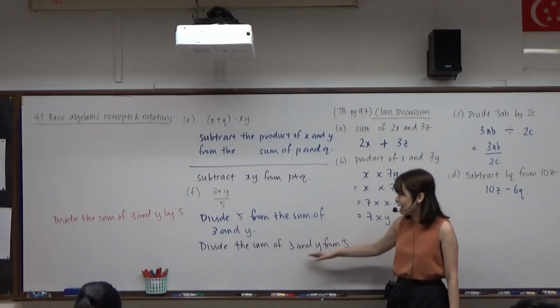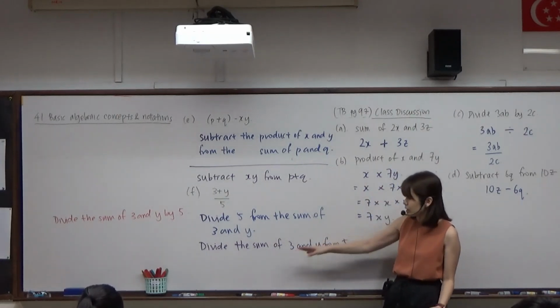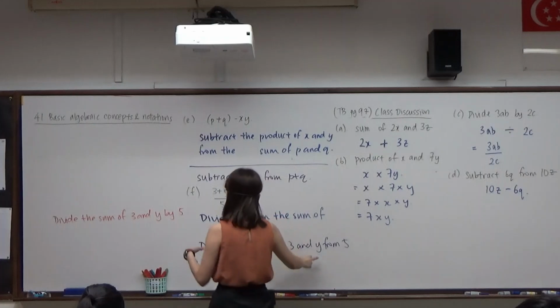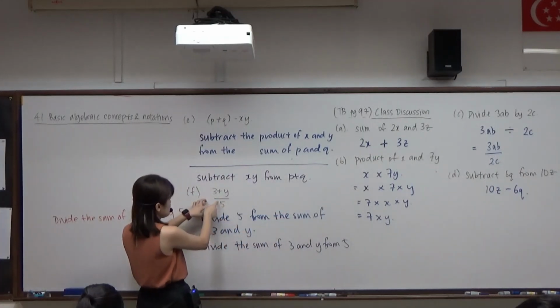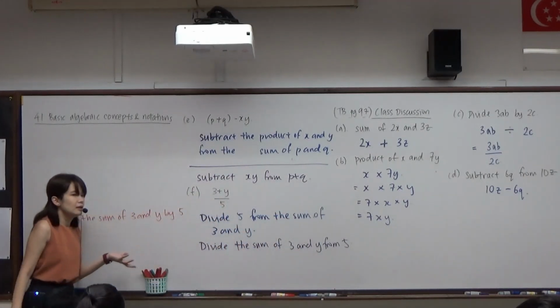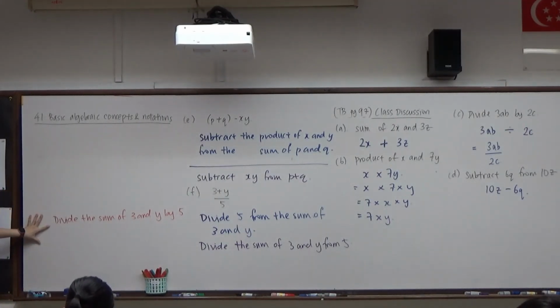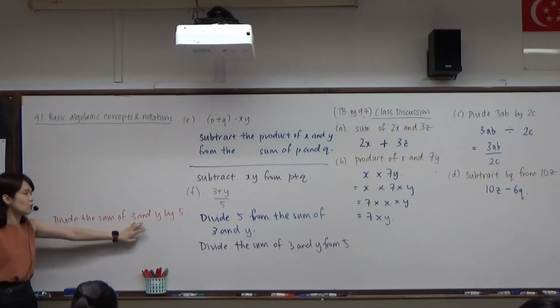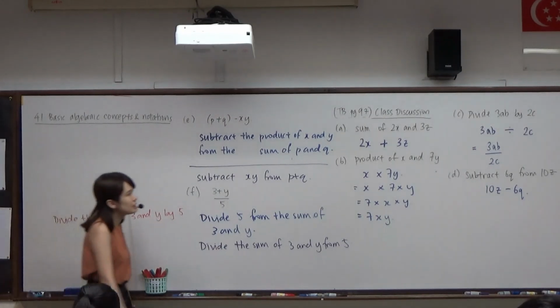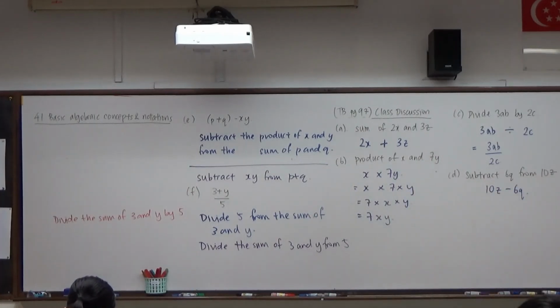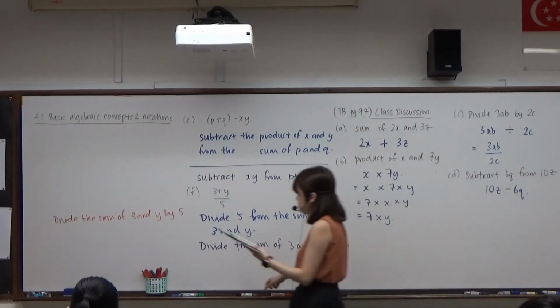Then likewise over here, the sequencing wouldn't be correct, because it says divide the sum of 3 and y from 5, which isn't making much sense, especially with the word from itself. So I think Evan's answer is good: divide the sum of 3 and y by 5, similar to how we phrase it in part C. Alright. Next, we look at part G.